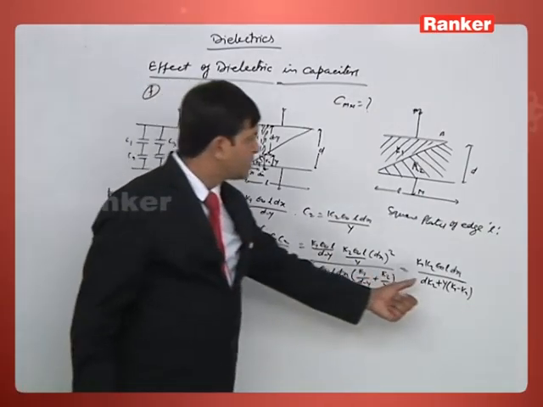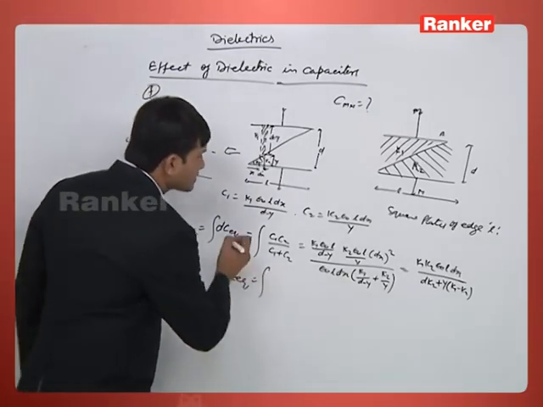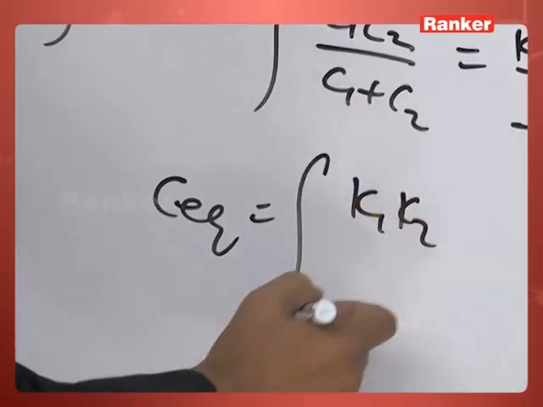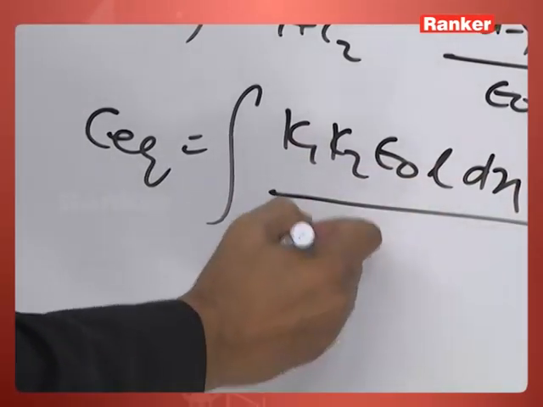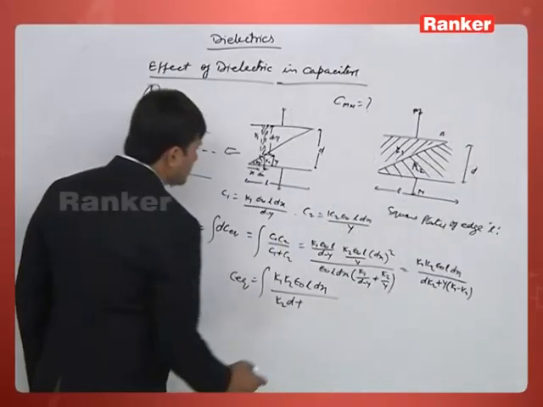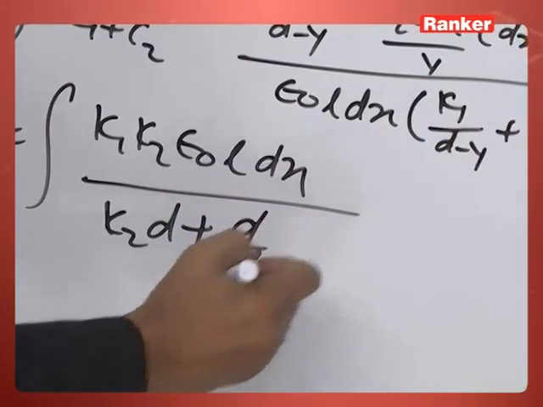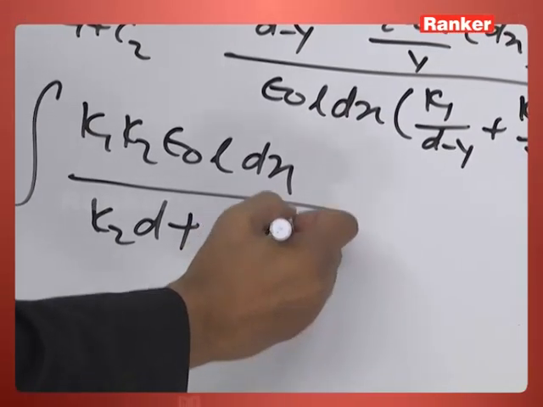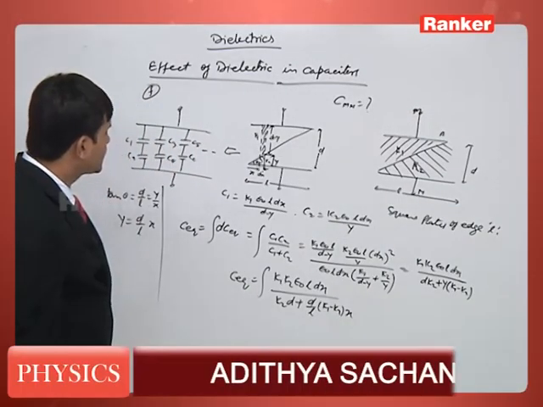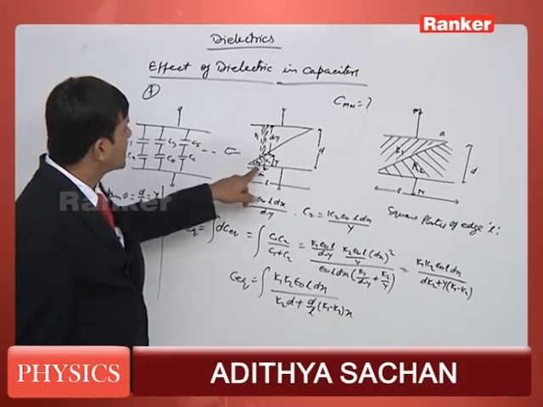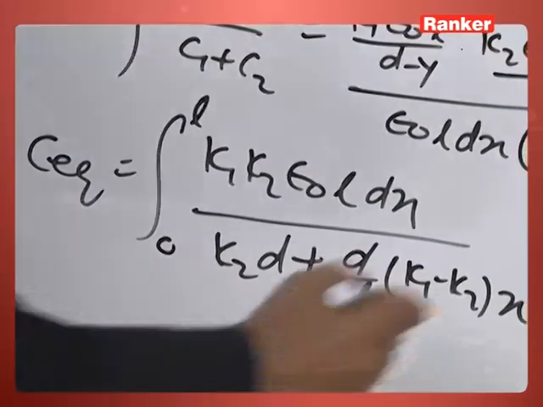Substitute the value of y here. So dC equivalent will be K1 K2 epsilon naught L dx by K2 d plus y, where y is d by L into x, so d by L times K1 minus K2 into x. Now we can integrate, and the limit of integration will be from x equals 0 to L. Now simplify this one.